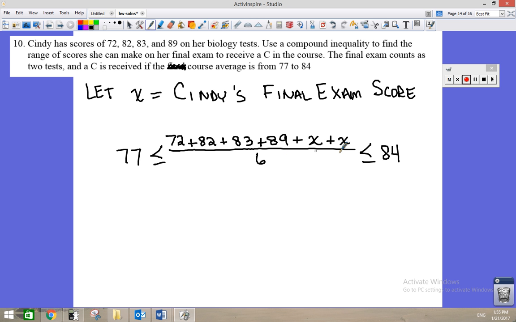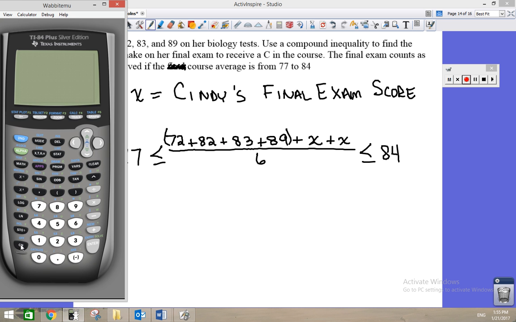All right, so what we need to do is solve this inequality for x. Let's add up these 4 numbers first of all. 72, and 82, and 83, and 89. I get 326.